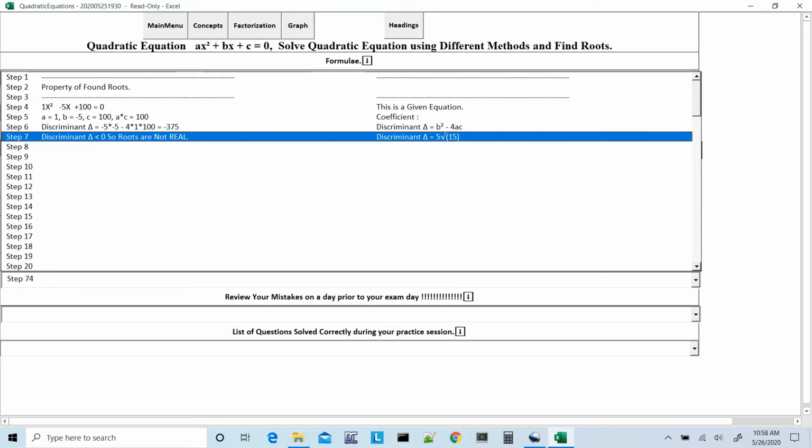Okay, what mistake did I make here? It's a negative number. My mistake. It's minus 5 square root of 15. And since it is a negative number, delta is less than 0, so the roots are not real.